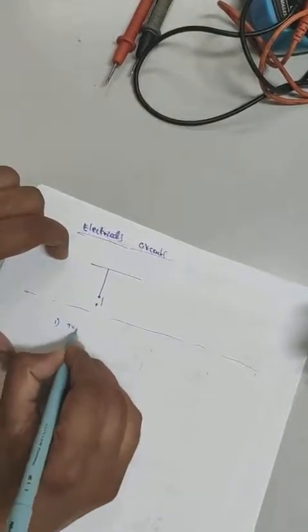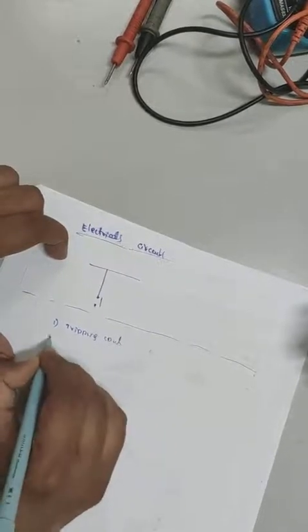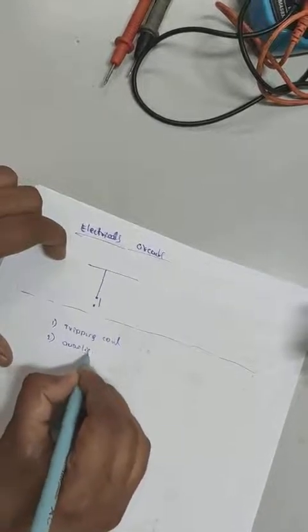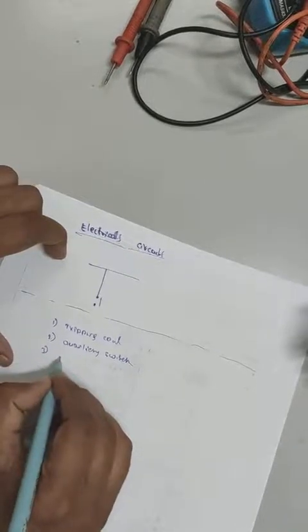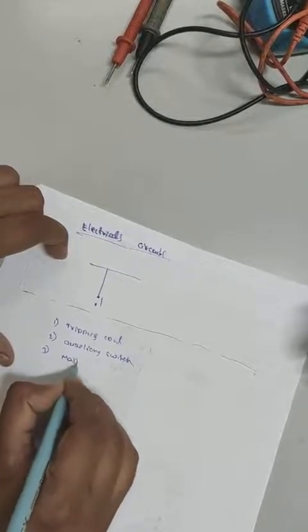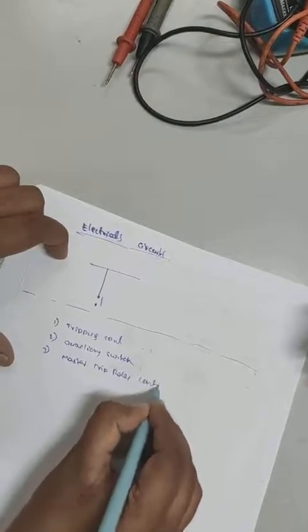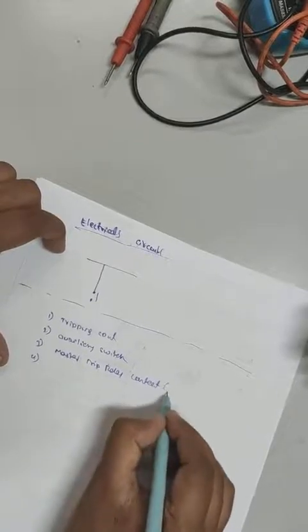Number 1, tripping coil. Number 2, auxiliary switch. Number 3, master trip relay output contact.